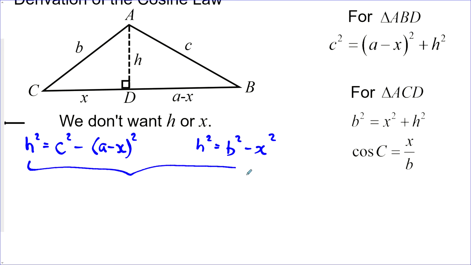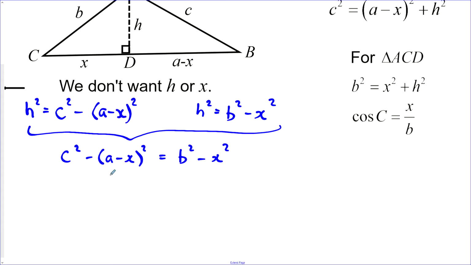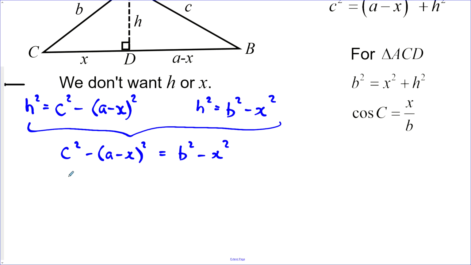So putting these two together, we got c squared minus (a minus x) all squared, and that equals b squared minus x squared. Now let's multiply out this binomial here and see what we get. A squared, remember there's a minus in front, so minus 2, that would be a plus 2ax, and this would be minus x squared.